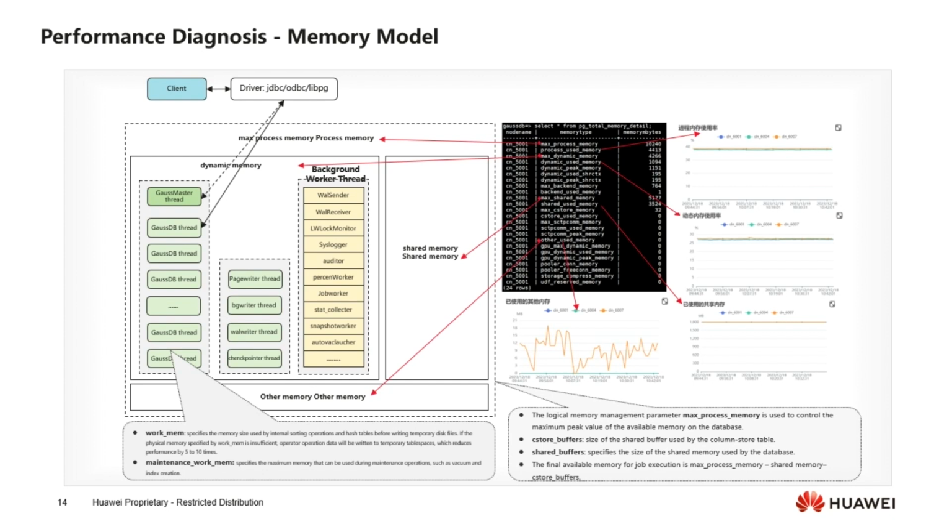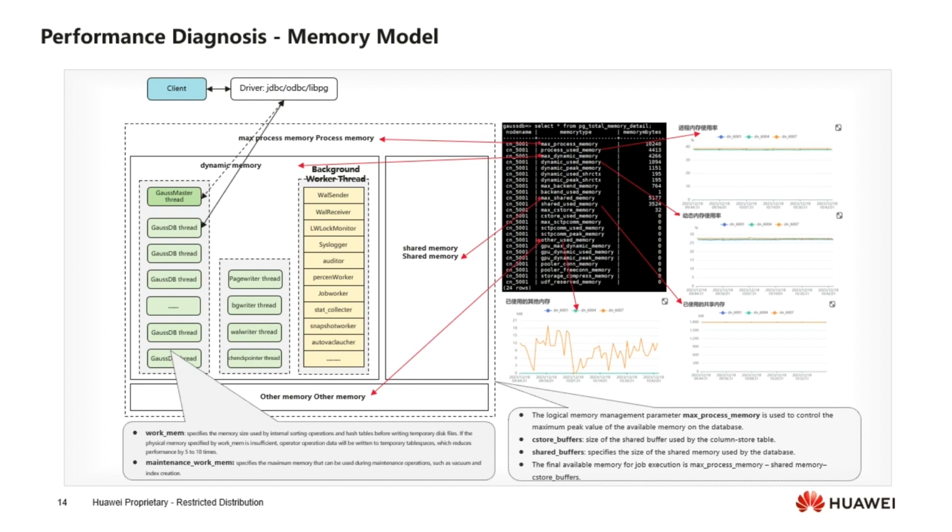Work mem is the one used by query execution, like hash join or sorting operation. If we set it too small, we'll find this query to be executed quite slowly, since they will need to flush the overflow data into the disk. Maintenance work mem is the memory used by maintenance operations like vacuum or indexing.